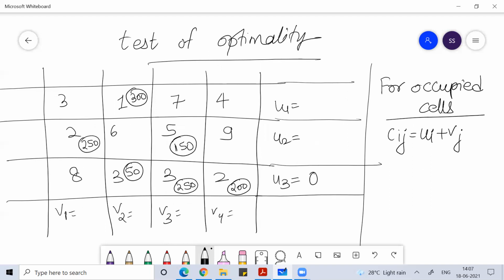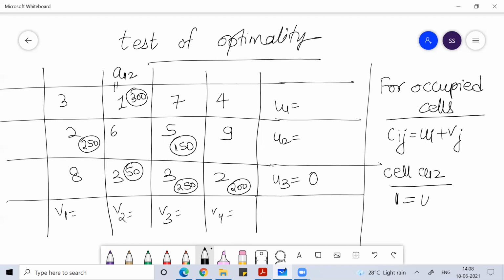Cij means the cost element for that cell, Ui means the corresponding U value for that row, and Vj means the corresponding V value for that column. So you understand, this is a12, the cost element. For the cell a12, the cost element is 1. And Ui is what?